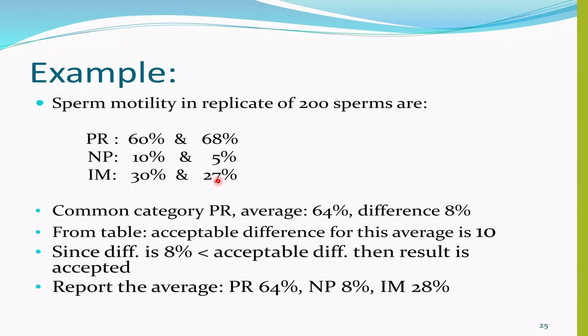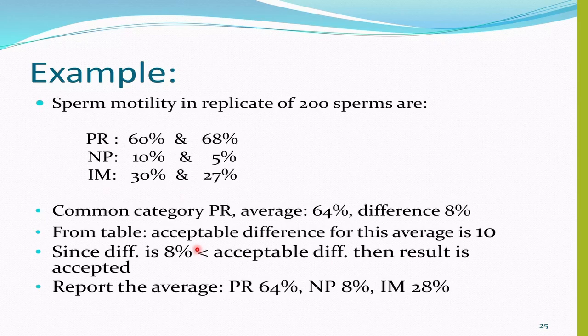If the difference is more than 10, then we might have to do another replicate study. Here you take an average because the difference is less than 10. So we will report progressive motility as 64%, non-progressive motility as around 8%, and the immotile average would be around 28%.